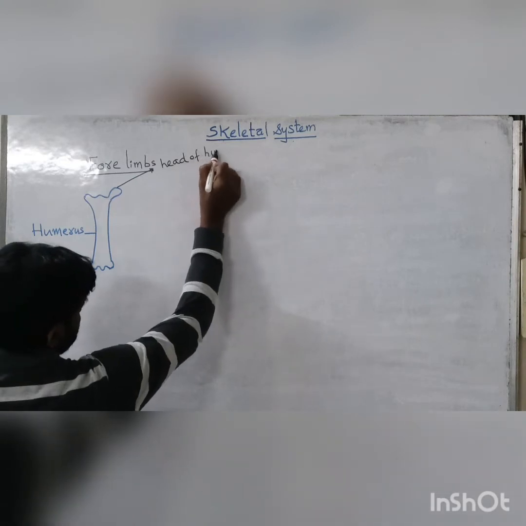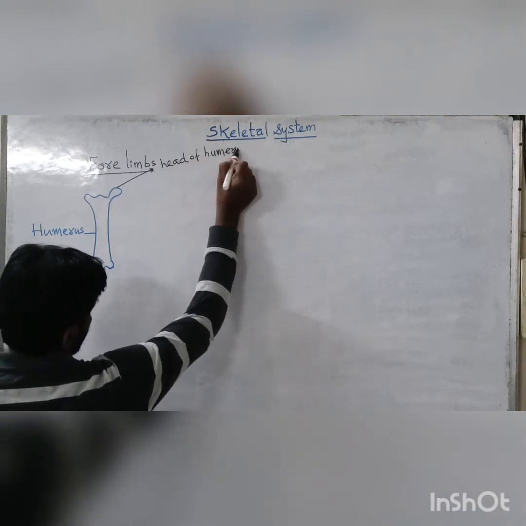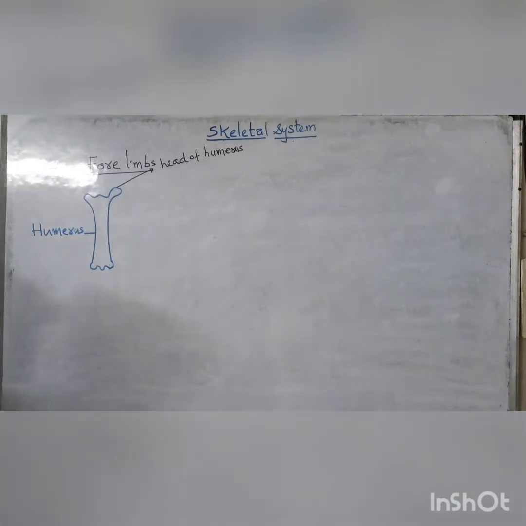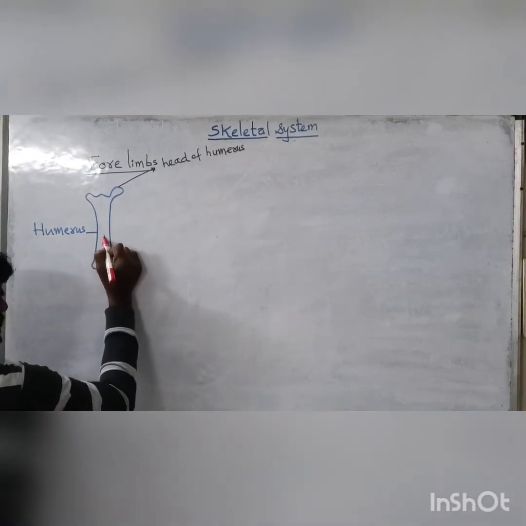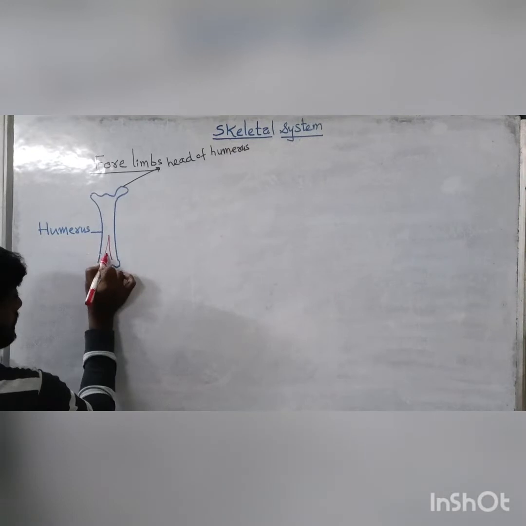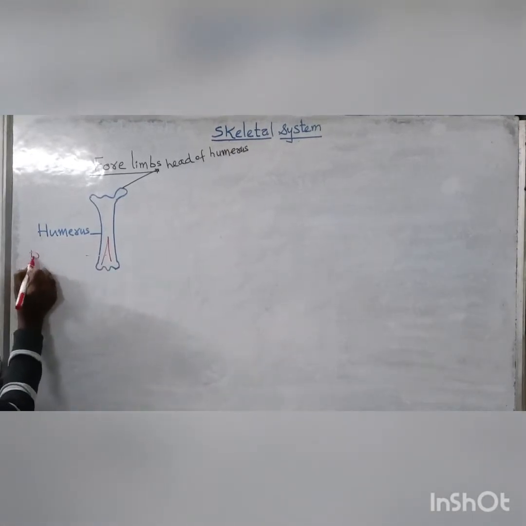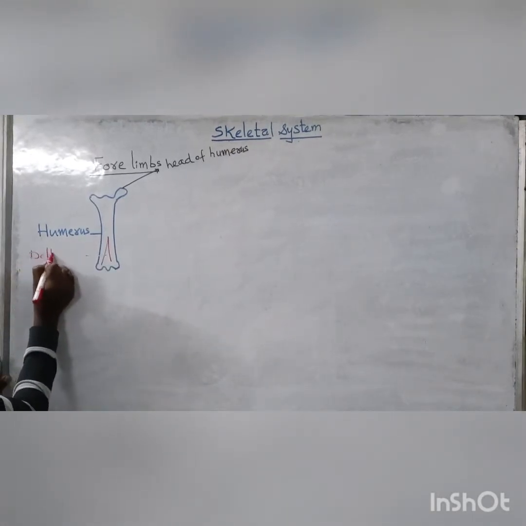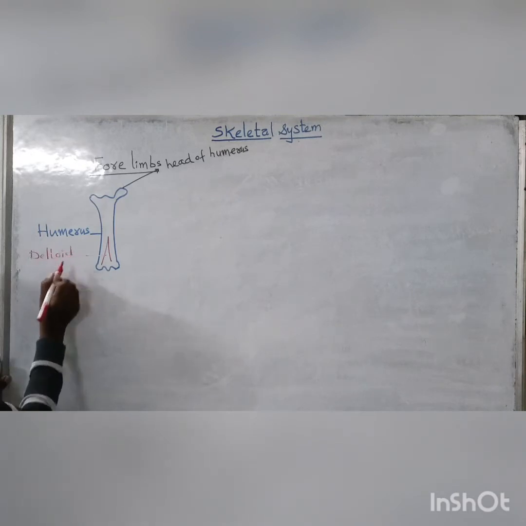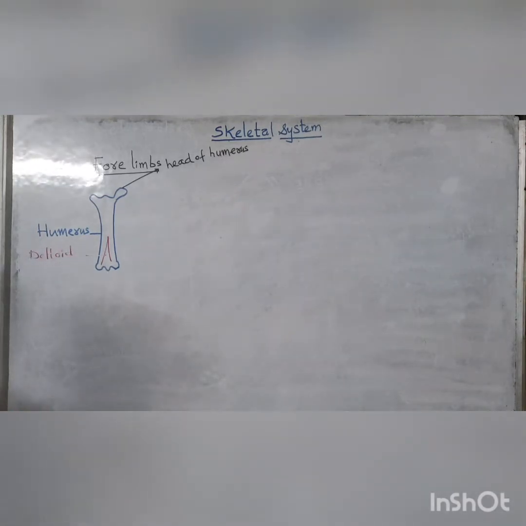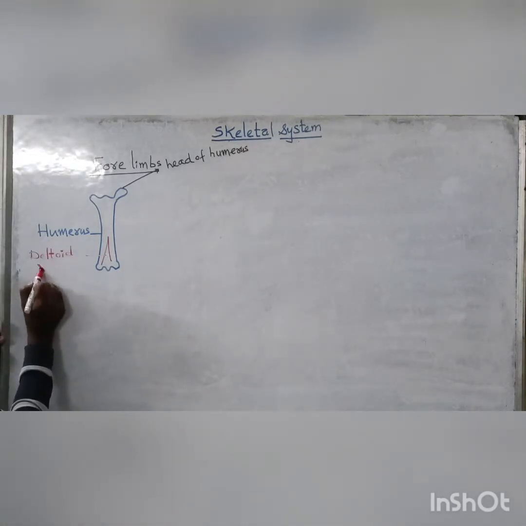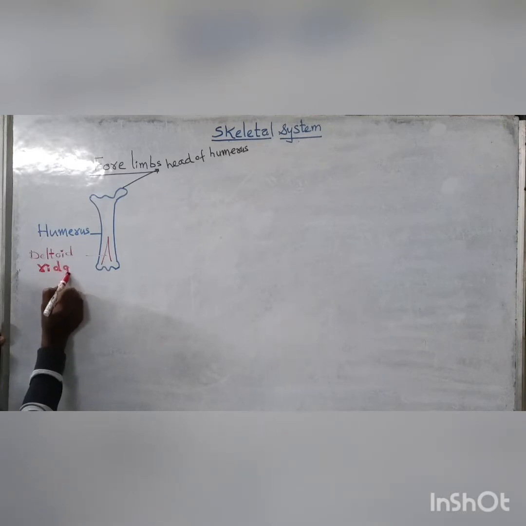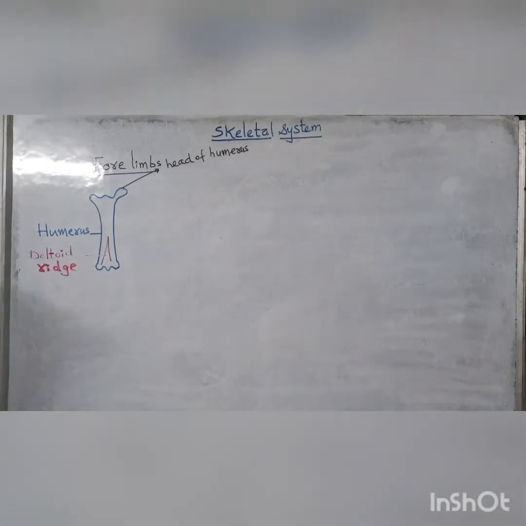Humerus contains a ridge for the articulation of the muscles. There is a ridge in the humerus, and that ridge is the deltoid ridge. It is the deltoid ridge of the humerus.